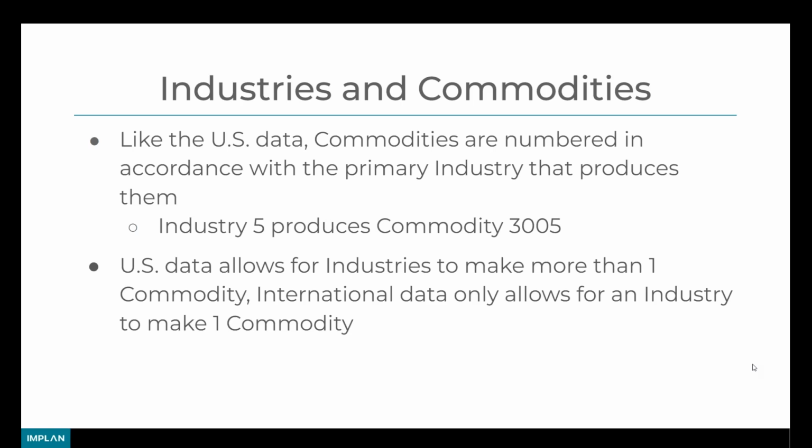So for example, industry 5 produces commodity 3005. However, unlike the US data, where an industry can produce more than one commodity, the international product only allows each industry to make its primary commodity.